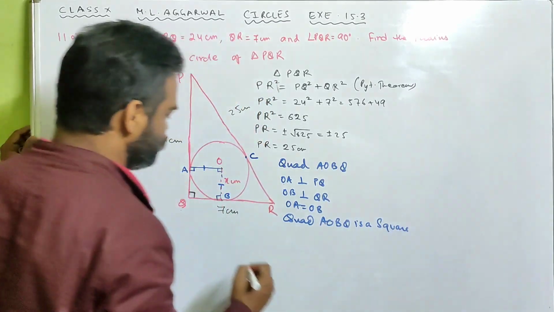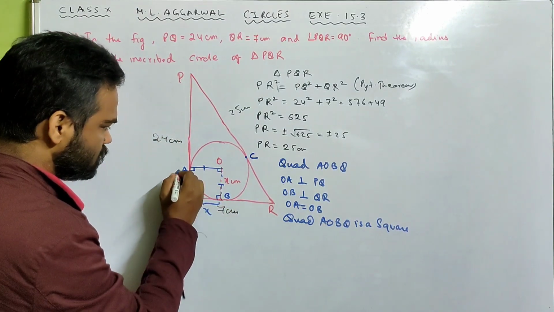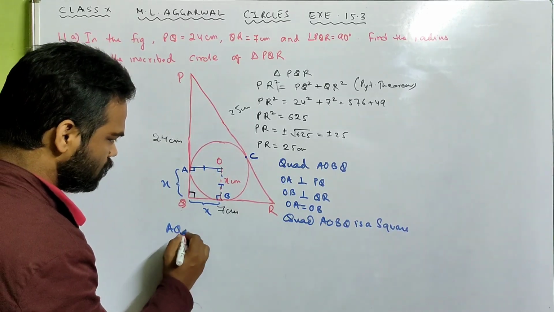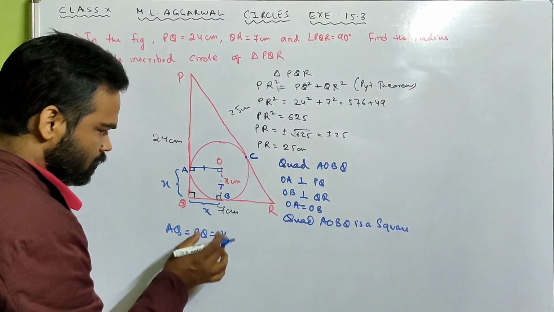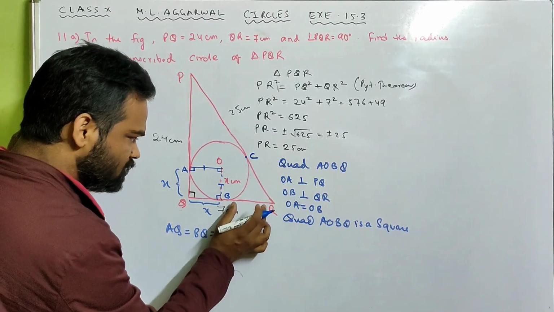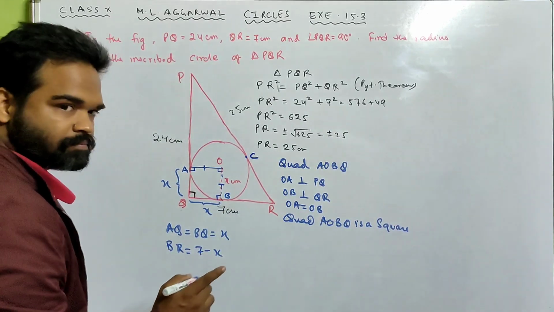Just be careful. So this is x, this is x and this is x. AQ will be equal to BQ will be equal to x. Now look carefully. BQ is x. QR was 7. So what is BR? BR will be 7 minus x.